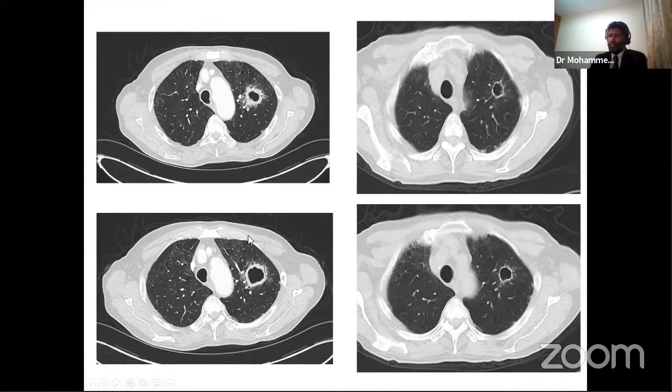On the left is the same patient taken at different levels. This is the arch of the aorta, and this is the left upper lobe, and we can see a thick wall lesion there. On the right, we can see a thin wall lesion. There is no way of me telling which of these is either a malignant or an inflammatory condition, because the lesions look more or less the same.